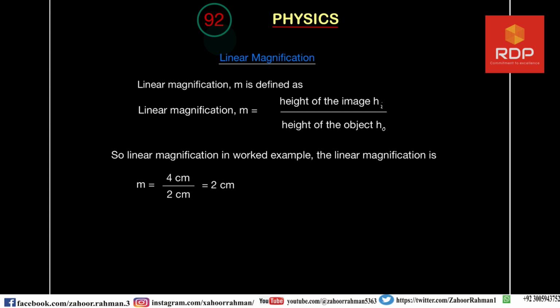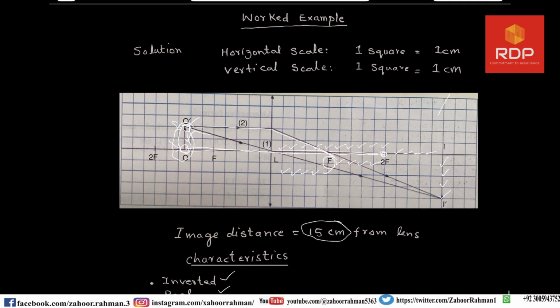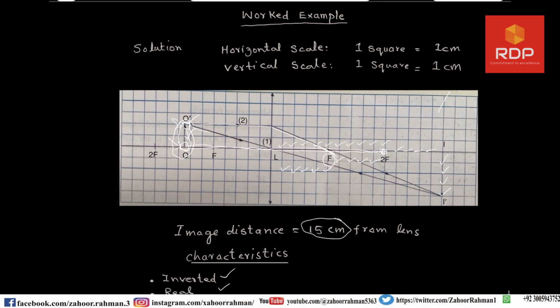Let me show you this. You can see that the object distance was two small squares, and the image distance is 4 small squares.